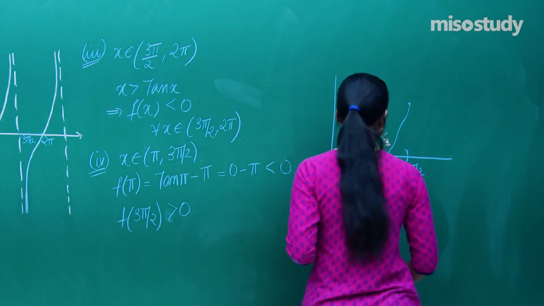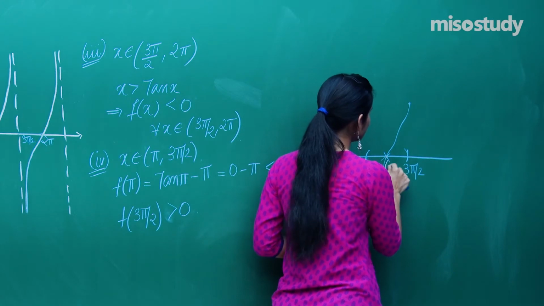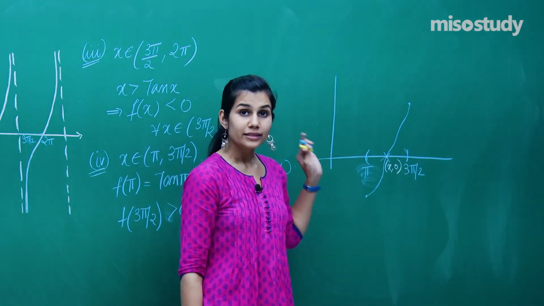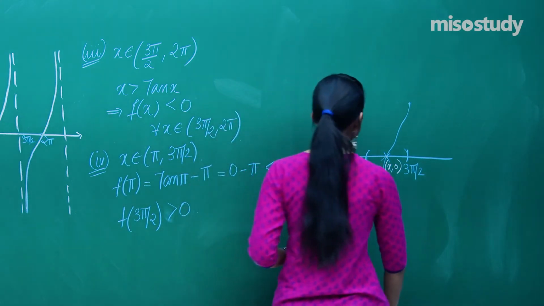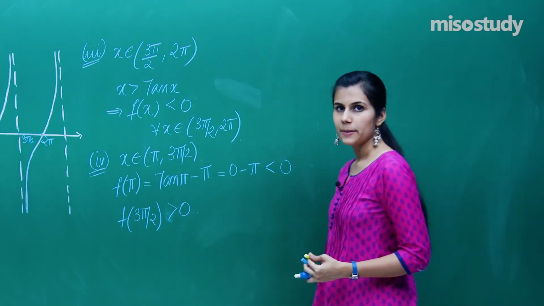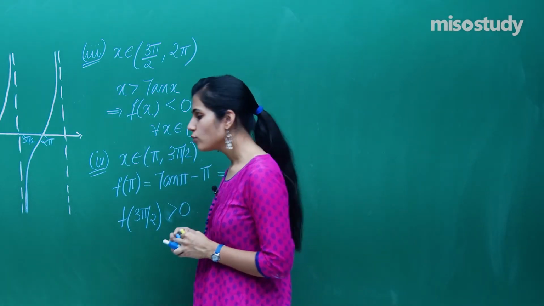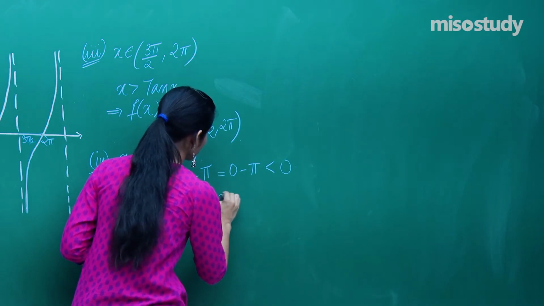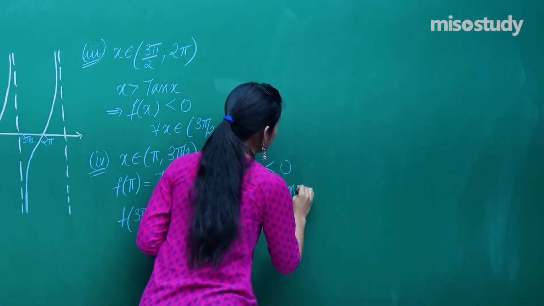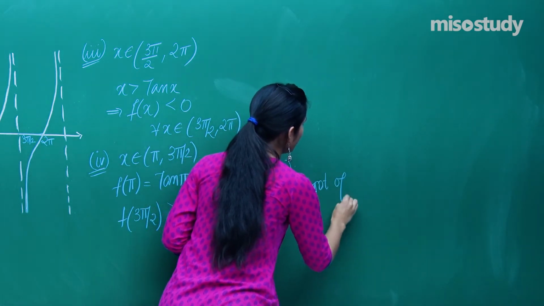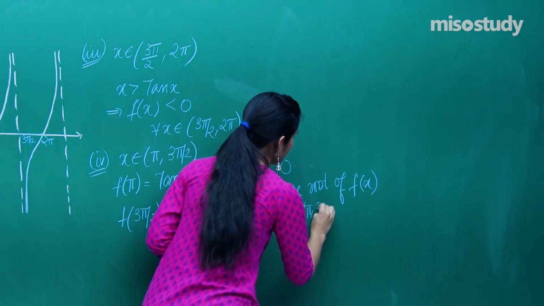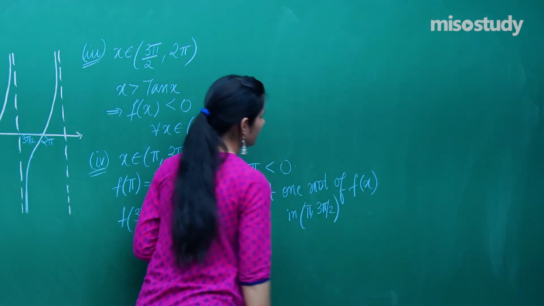Fine. And the moment it is cutting the x-axis, that means at that x, f of x will be 0. For that x, f of x will be 0. That means there is at least one root of the function f x in pi to 3 pi by 2.